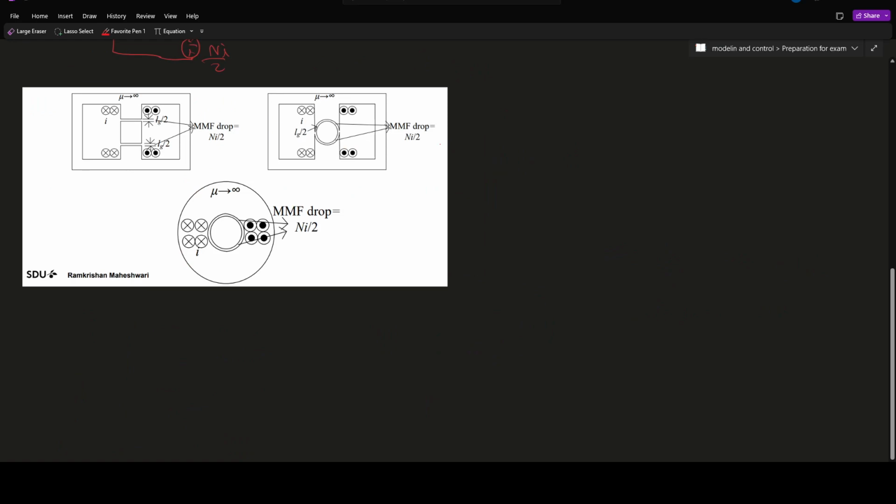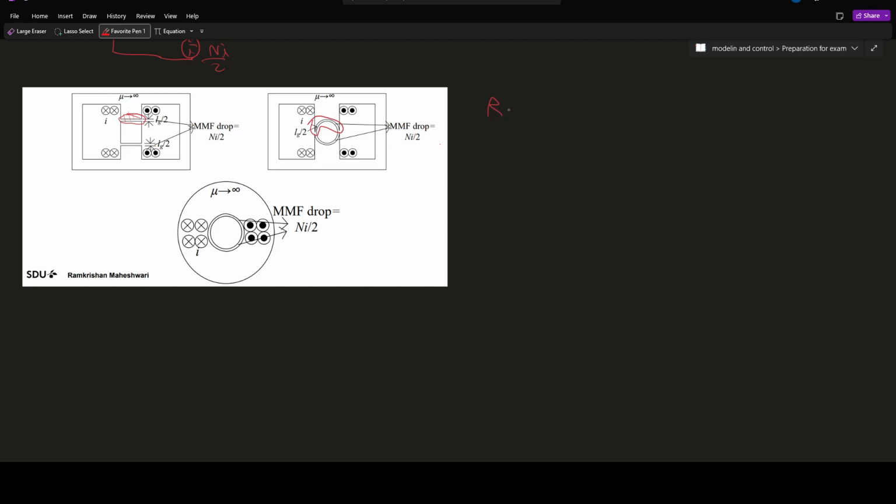Okay, so now we have our fifth example here. This is the same as the fourth that we had before. Now what we are doing is this air gap over here, we are distributing it around this space.